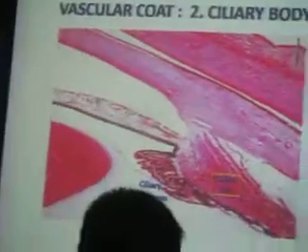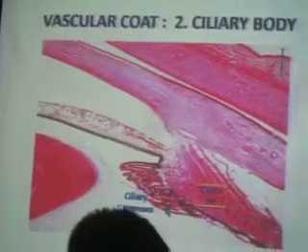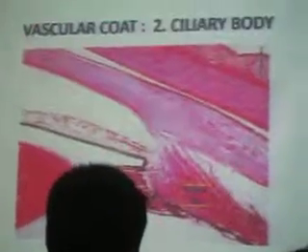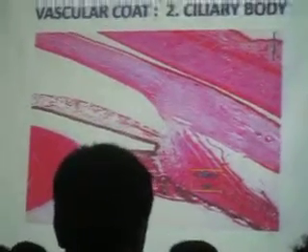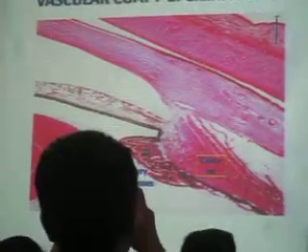The ciliary processes will have a lot of fenestrated capillaries. Okay? And it is at this part that the aqueous humor will be produced. So aqueous humor is ultrafiltrate of your serum that will happen in the fenestrated capillaries.